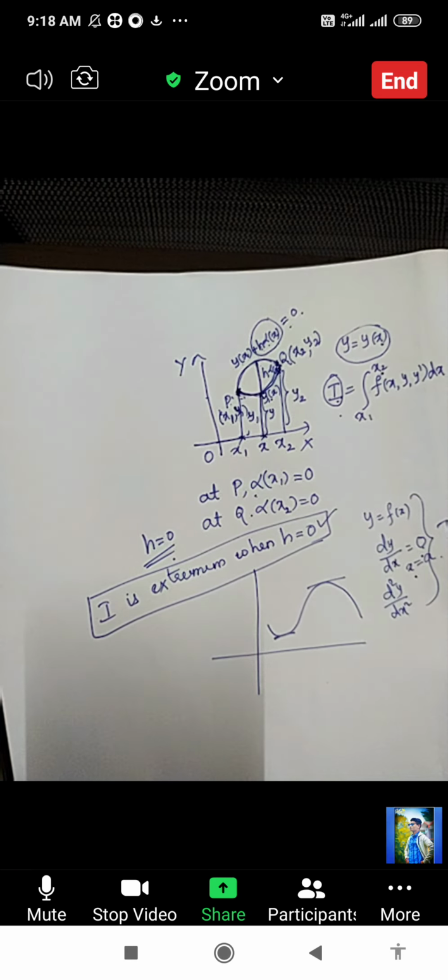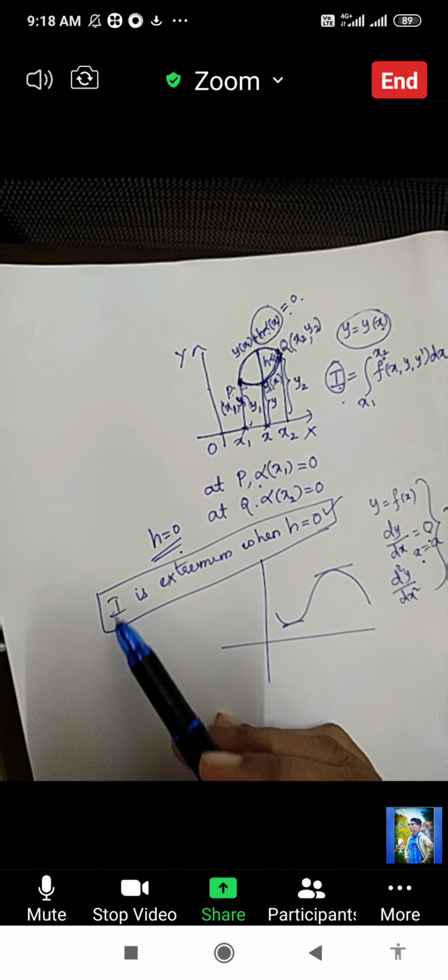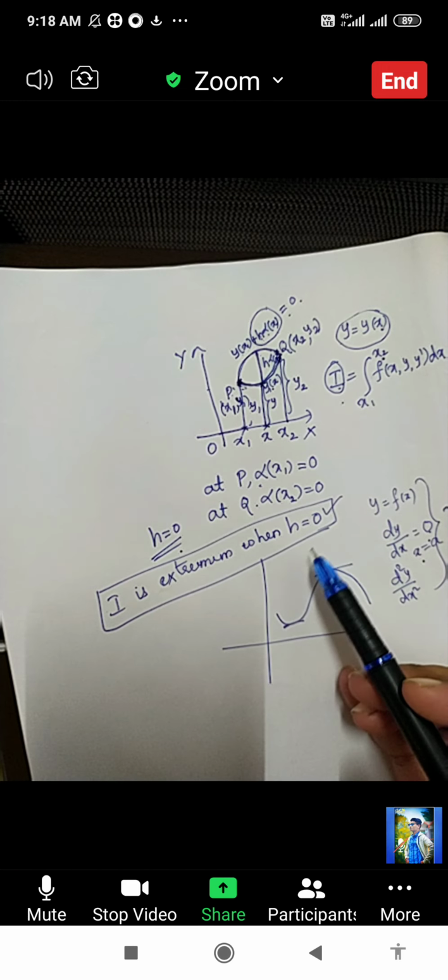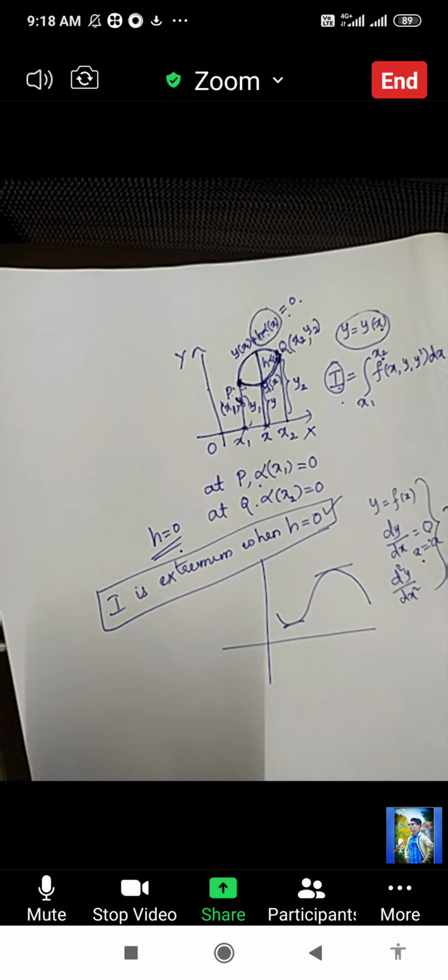Okay. Now, for any function to have an extremum, maxima or minima, what is a necessary condition? You have written the result. Last time you have written this.